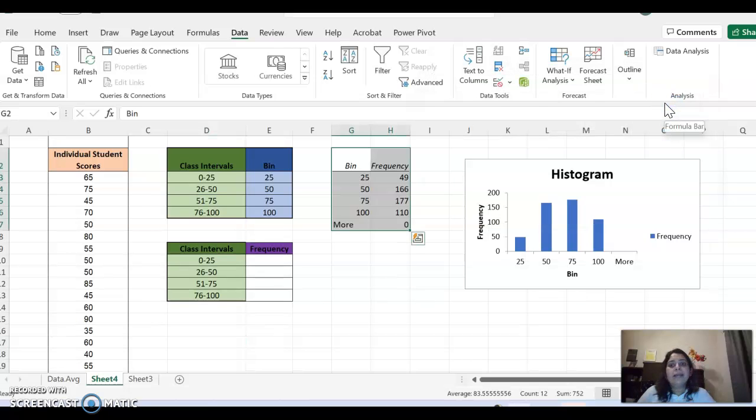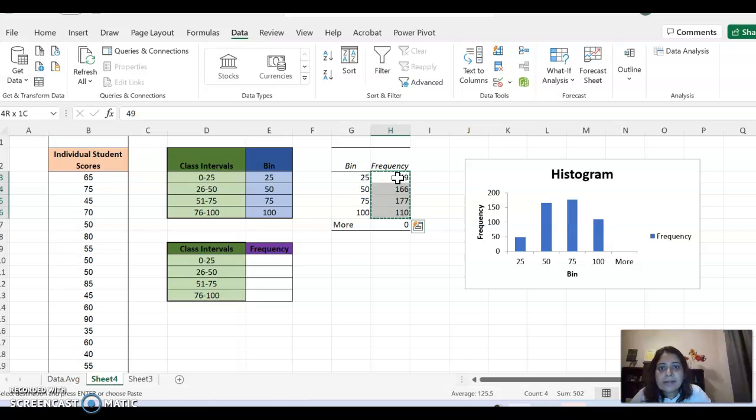So here is my histogram. I'm going to move a couple of things around. For example, I need my frequency inserted right here across the class intervals, because really I want a histogram not with the bin range. Instead, I want my histogram with class intervals.